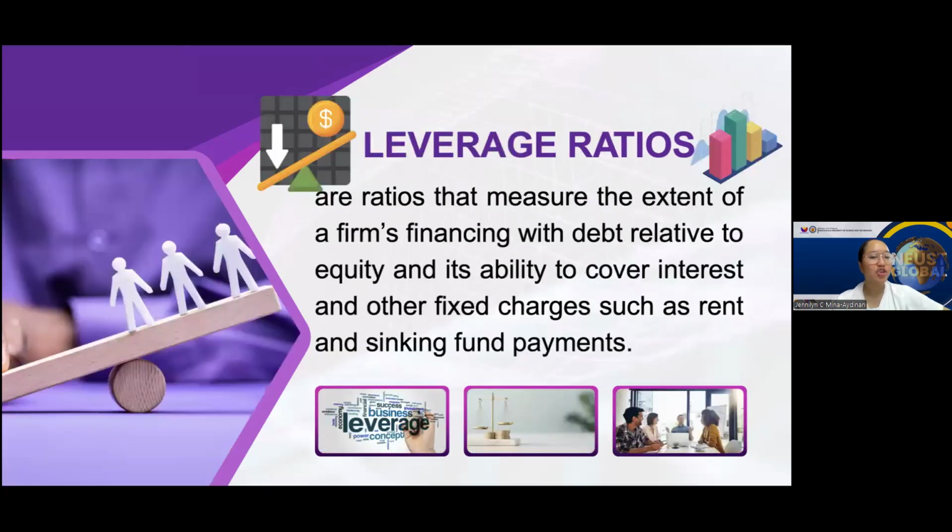And then the leverage ratio, which measures how much debt a company uses to finance its operations relative to its equity. So this ratio also assesses the company's ability to cover fixed financial obligations like interest payments, rent, or sinking fund payments. Debt to equity ratio measures the proportion of debt used for financing compared to shareholders' equity.